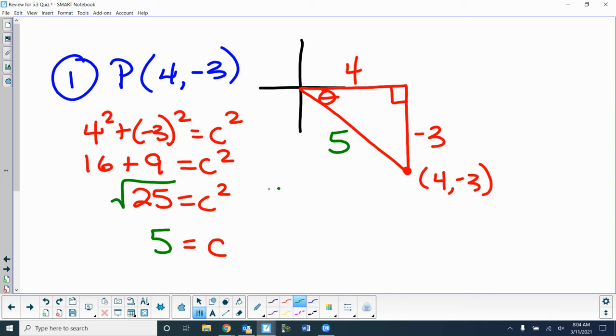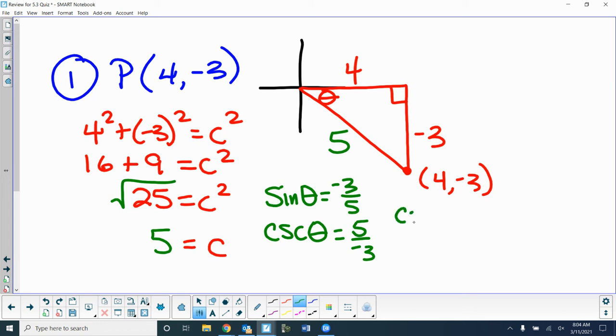So sine, opposite, -3 over hypotenuse, 5. Cosecant, reciprocal, 5 over -3. Is this making sense? Yeah. Is this starting to make better sense? Yeah. Cosine, adjacent, 4 over hypotenuse, 5.